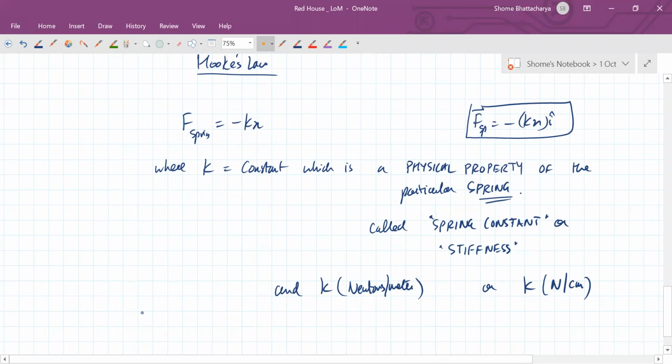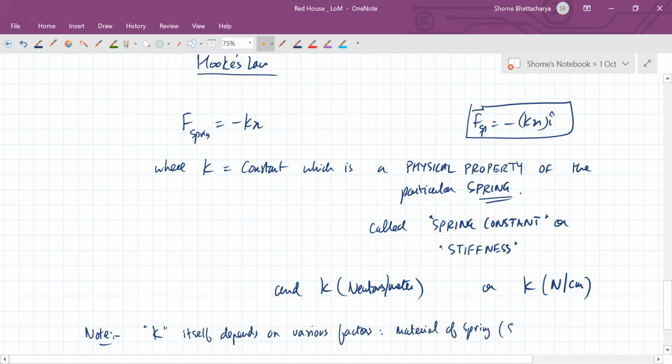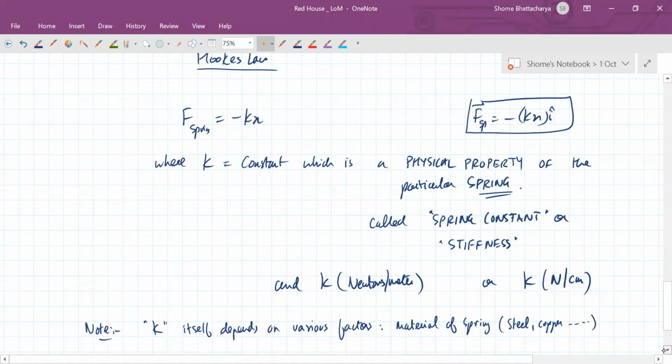So k actually depends on a number of things. The spring constant k itself depends on various factors, like the material of the spring, steel spring or copper, or whichever metal it is made of.